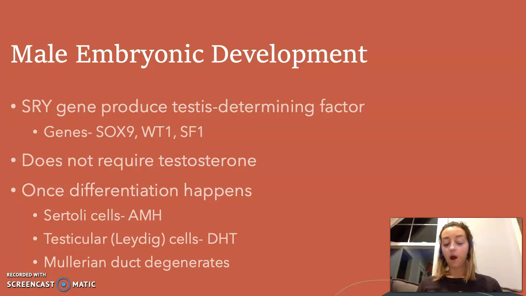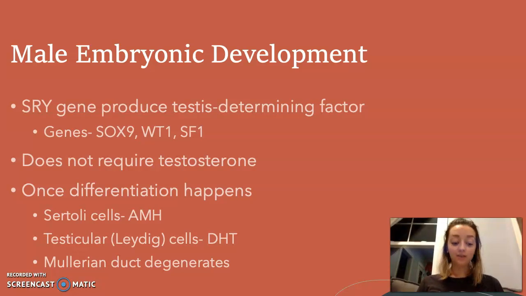This binds to DNA to activate the genes SOX9, WT1, the Wilms tumor protein, and SF1, which is the steroidogenic factor. It is very important to know that testosterone, even though it is a male sex hormone, is not part of the testicular development. It is important later on, after differentiation happens.